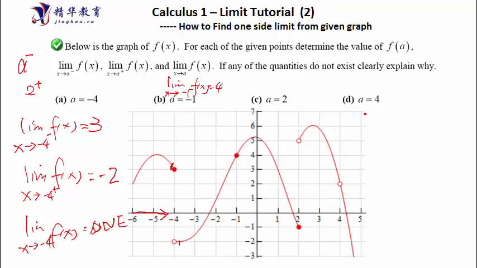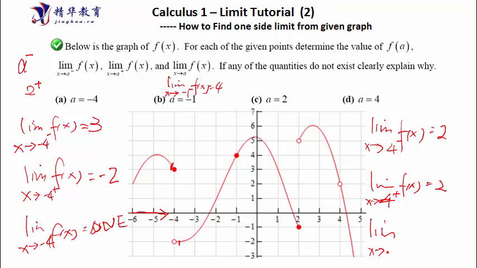And then the next one, when we approach 4 from the left hand side, it's +2, and the right hand side approaching 4 is also equal to +2. So that means the limit as x goes to 4 negative and the limit as x goes to 4 positive of f(x) both equal 2. So the limit as x goes to 4 of f(x) is equal to 2 as well.